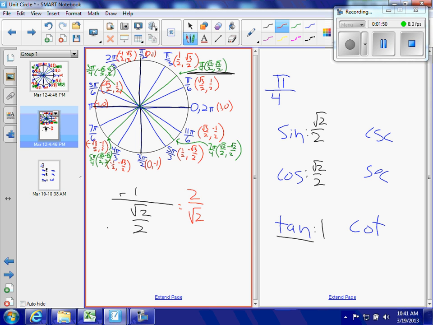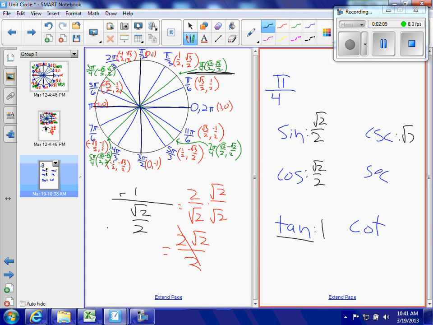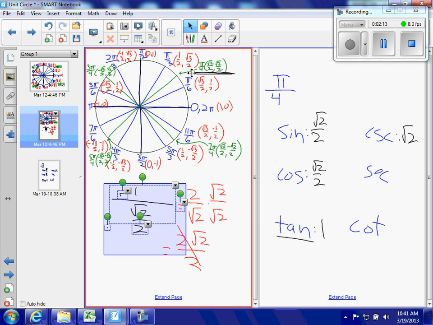And if I need to get rid of my radical 2 on the bottom, I'm going to multiply by radical 2 on the bottom and radical 2 on the top. So that is going to equal 2 radical 2 over 2. And my 2's cancel out. So my cosecant becomes radical 2.